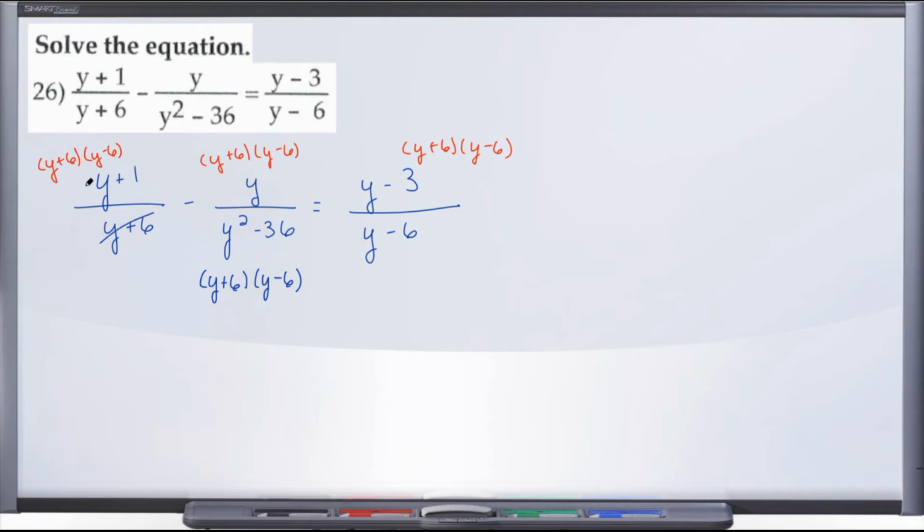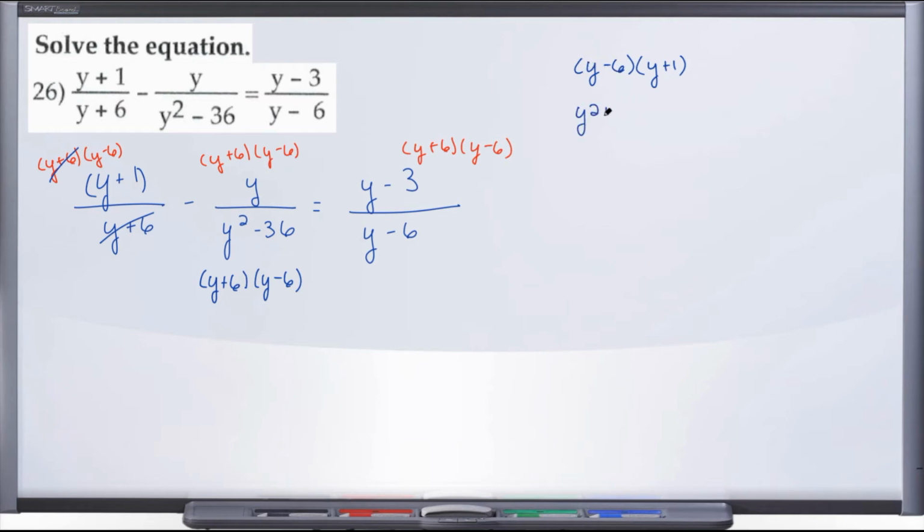All right, y plus 6 cancels, and we're left with y minus 6, y plus 1. So let's go ahead and multiply these two things together, shall we? So y minus 6, y plus 1, and we'll go ahead and FOIL these two things together. Y times y, that's going to give us y squared.